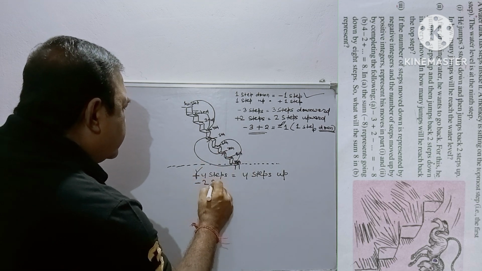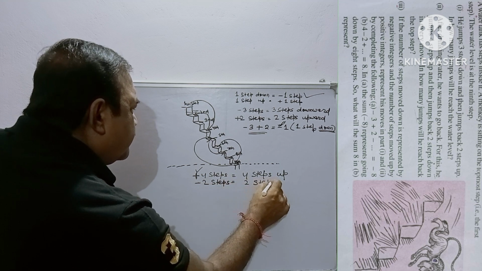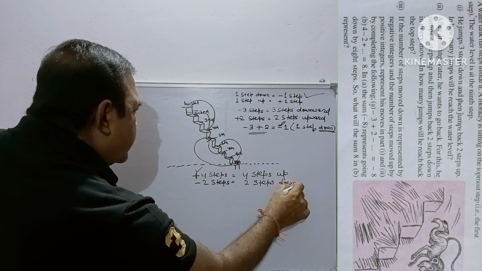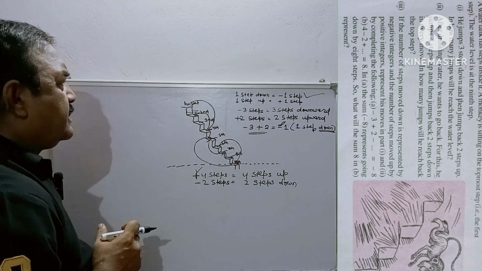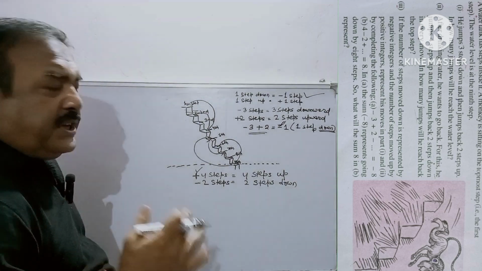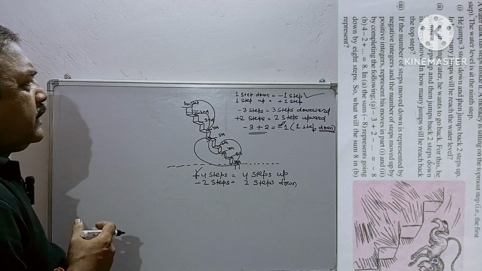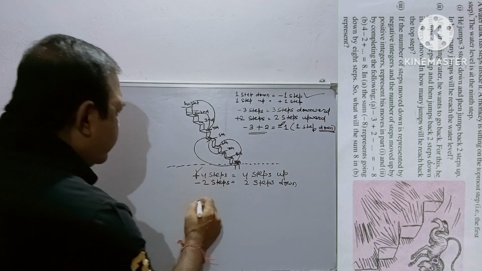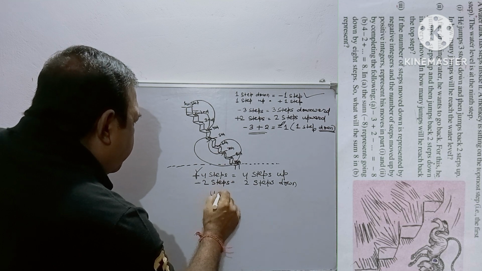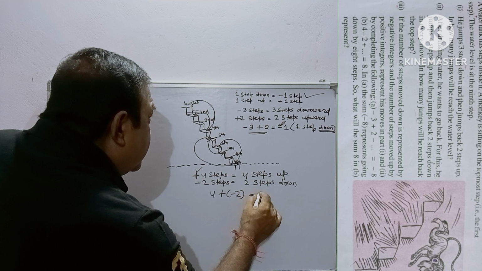Minus 2 steps, that means 2 steps down. This is most important because we have to assign the signs, as it is a problem based on integers. So we have to see the direction of the sense we use. So 2 steps down. So you see 4 plus of minus 2 is equal to 2.